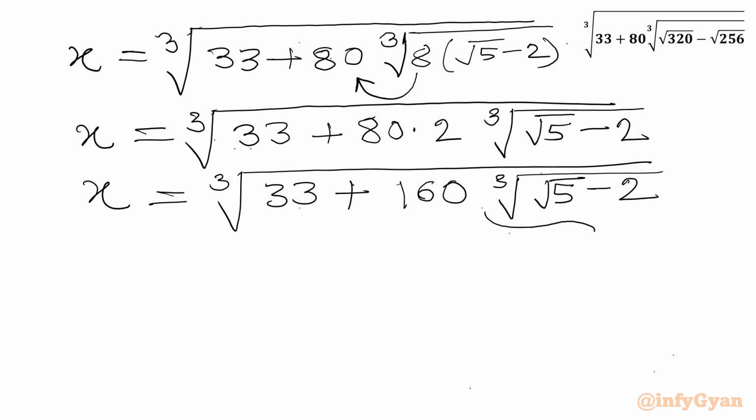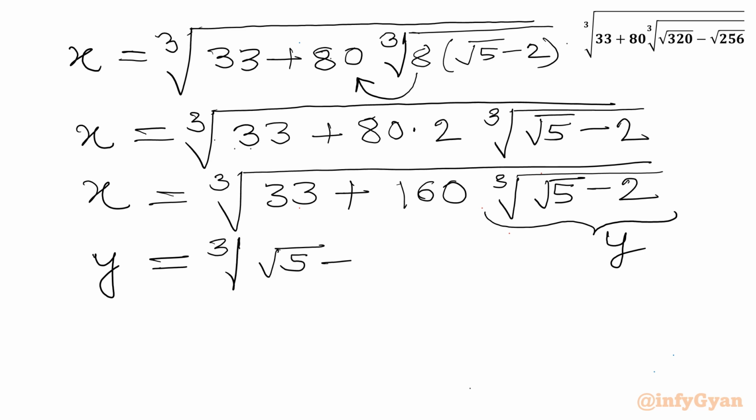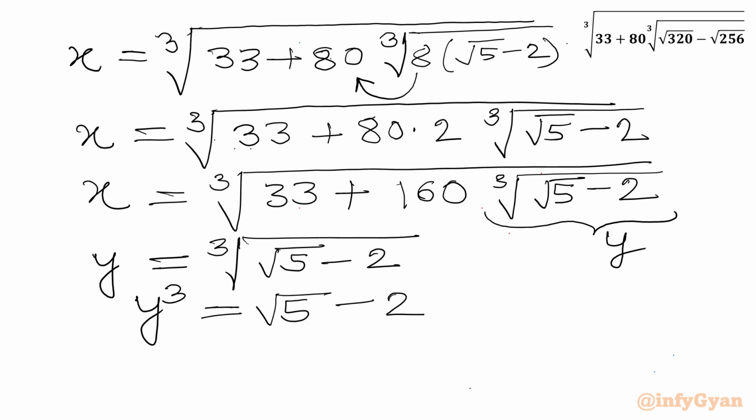Now I will consider cube root of root 5 minus 2 as y. So I can write and simplify y separately. It will be cube root of root 5 minus 2. Let's consider cubing both sides. So y cube will become root 5 minus 2.